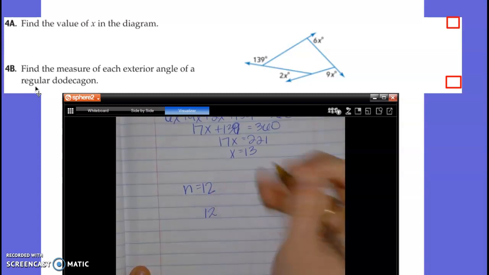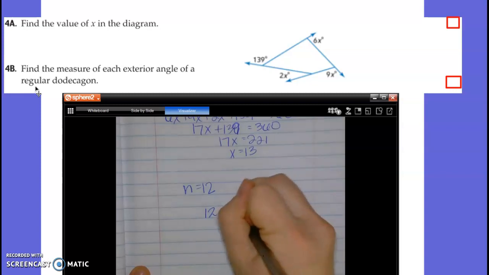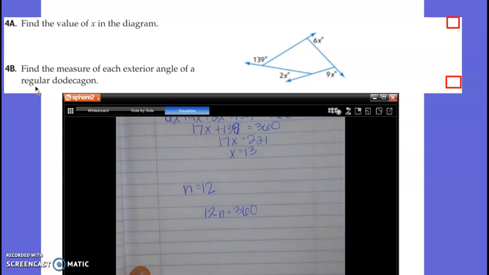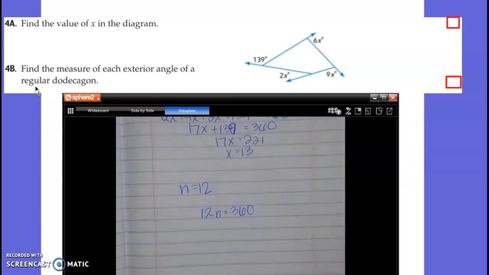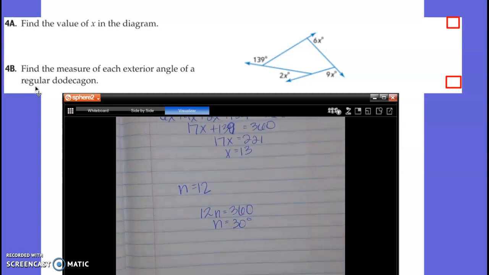So 12 times n would equal 360. So I can divide 360 by 12 to get each individual angle measure. So n is equal to 30 degrees, which means for a regular dodecagon with 12 sides, every single exterior angle is 30 degrees.